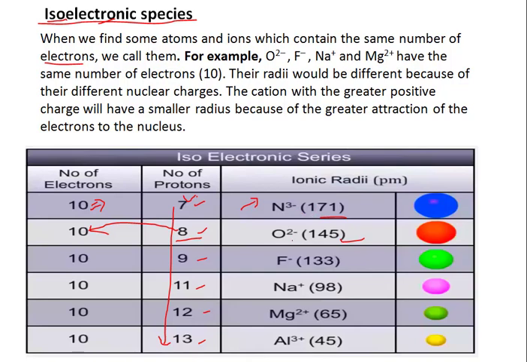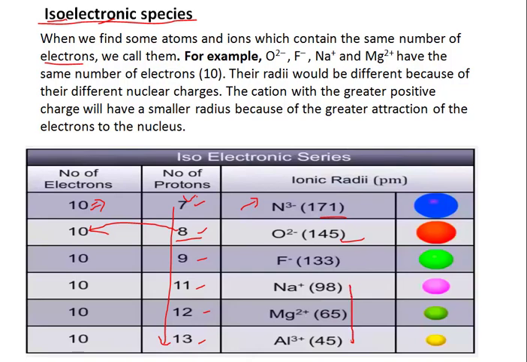Then after that, oxide, only 2 electrons, so it will be smaller than that of nitride ion. In the same manner for fluoride ion. And for cations, lesser the charge, because sodium has just lost 1 electron, so its ionic radii will be 98 picometer, whereas magnesium has lost 2, so nuclear charge goes on increasing, and hence size decreases.